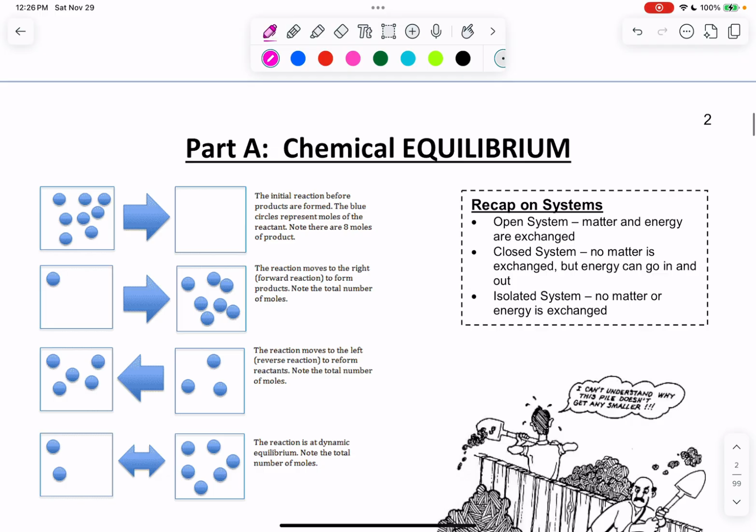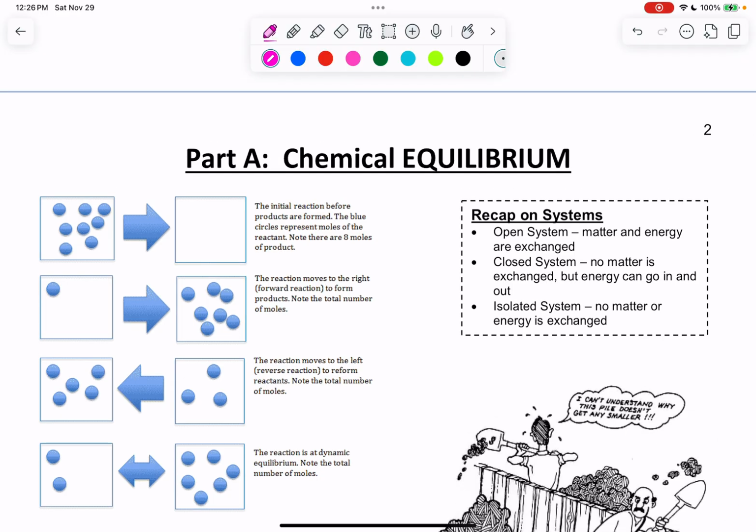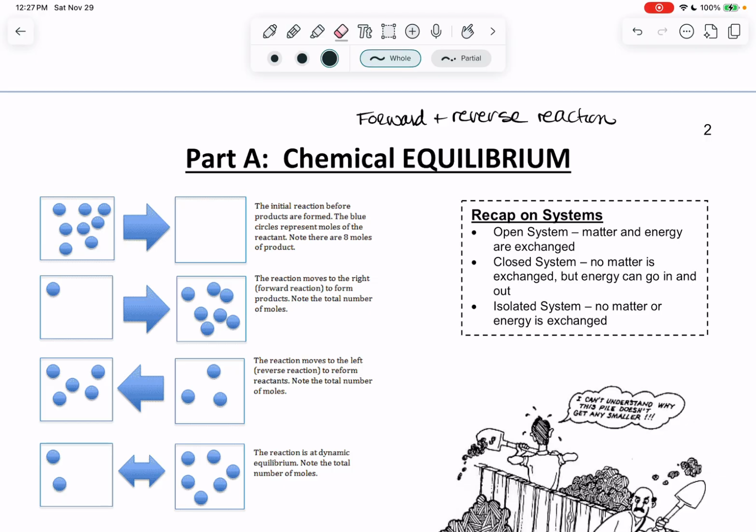So when we talk about equilibria, we talk about the forward and the reverse reaction happening at the same time. So in this example, we start here on the reactant side.